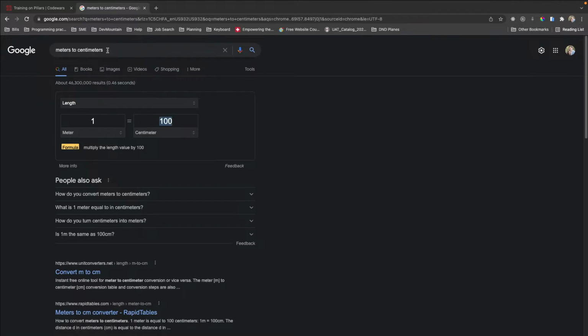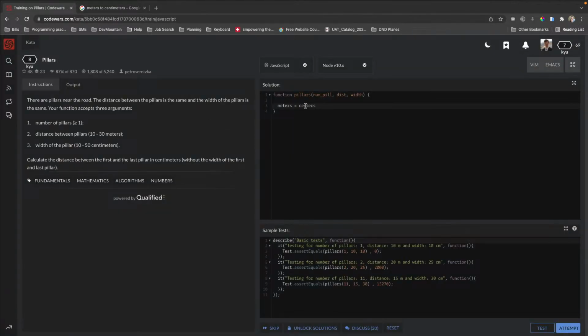Yeah, there we go, right on the head. So this is pretty important to begin with. 1 meter equals 100 centimeters. Everyone who is from Europe is laughing that I had to look that up.